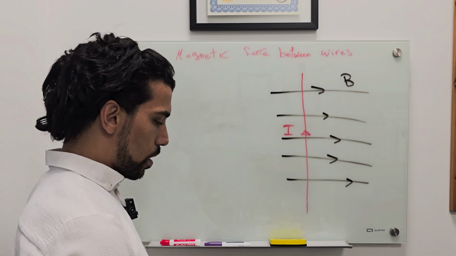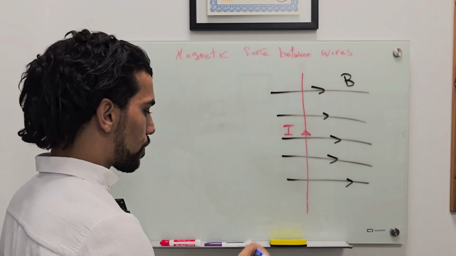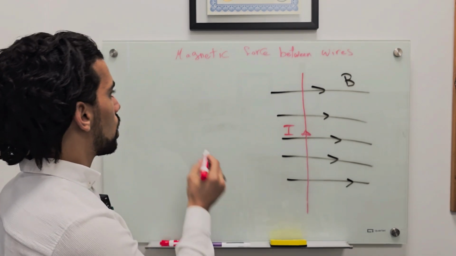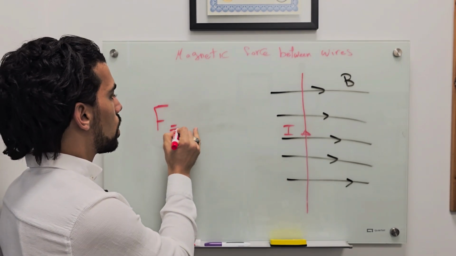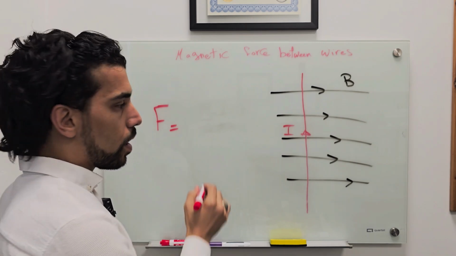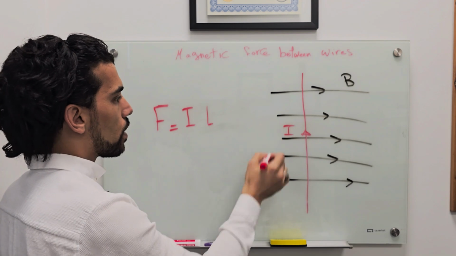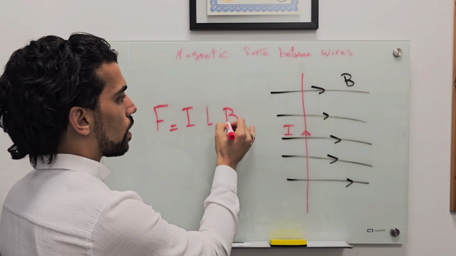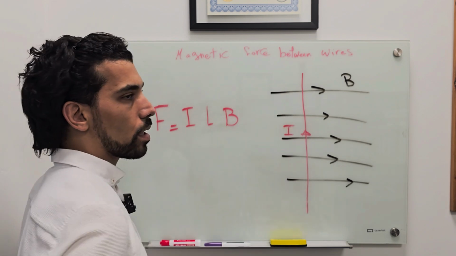So for this one, some force is going to be created on the wire, okay? And this force on the wire is equal to I, the length of the wire, multiplied by the value of the magnetic field that this wire is inside.